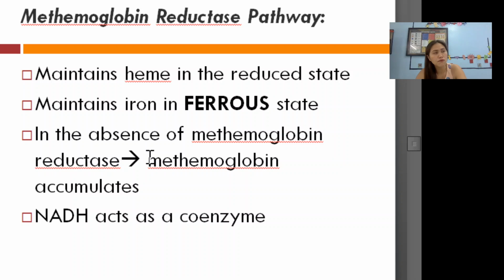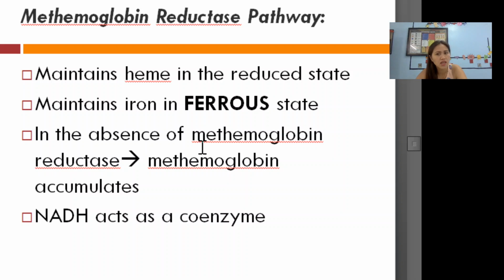Kaya may mga factors in the environment nga makakos nga mo-oxidize from ferrous to ferric. Therefore, we need this enzyme para mubalik na siya sa ferrous state, reduced form. Okay?